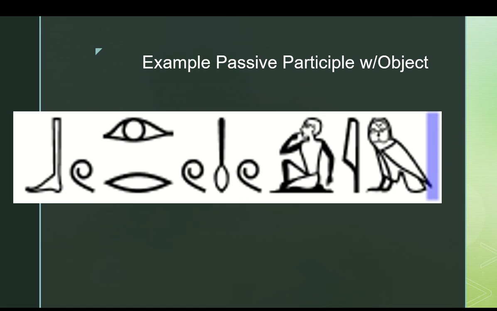And then heru is our object, sound. So we take that again as the subject. So then it becomes the sound was done. And of course, so it's the place the sound was done.